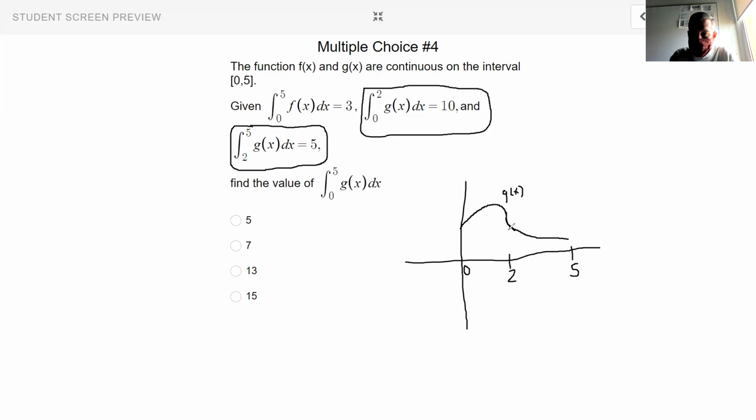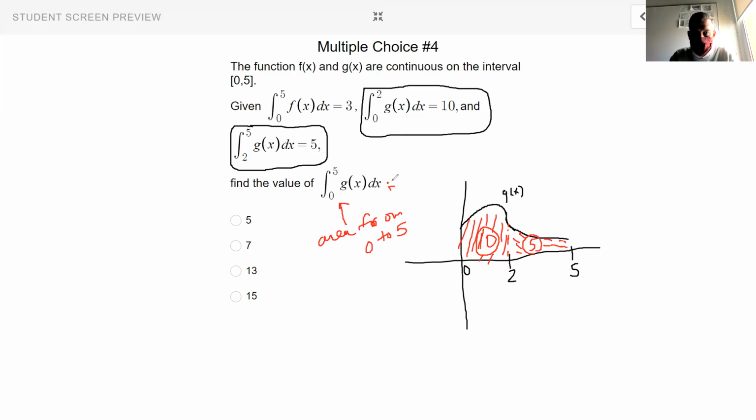From 0 to 2 of that curve, the area is 10. I'll circle that 10. Now, the area from 2 to 5 of g of x is 5. So this is asking us, what's the area from 0 to 5? Well, let's see. I got 10 from 0 to 2 and 5 from 2 to 5.